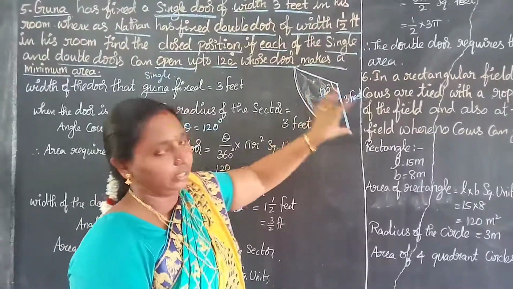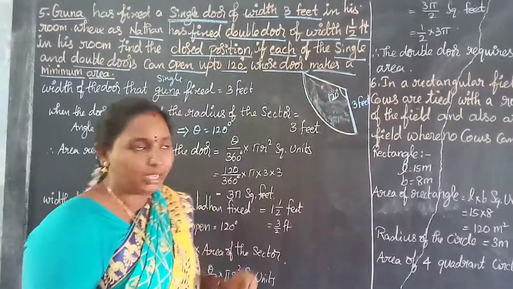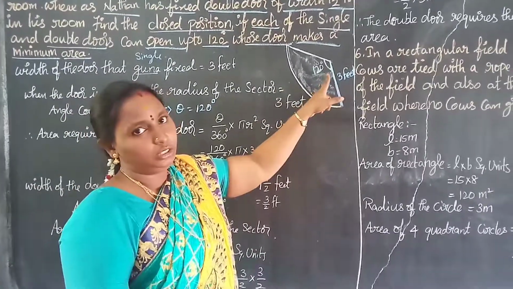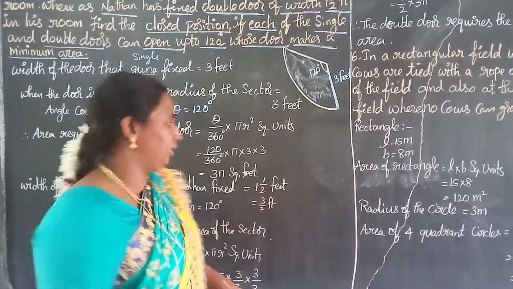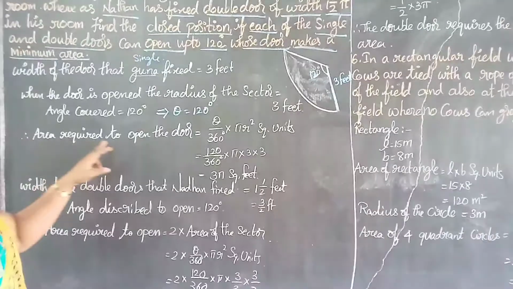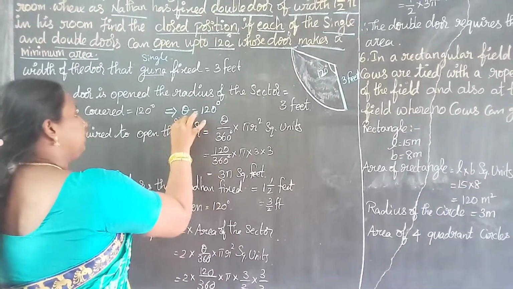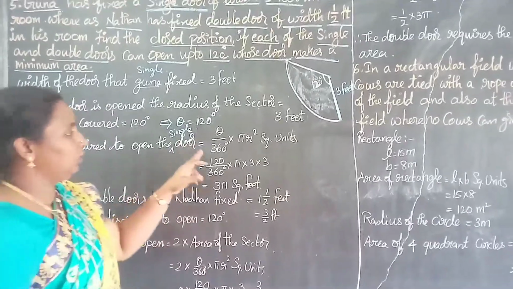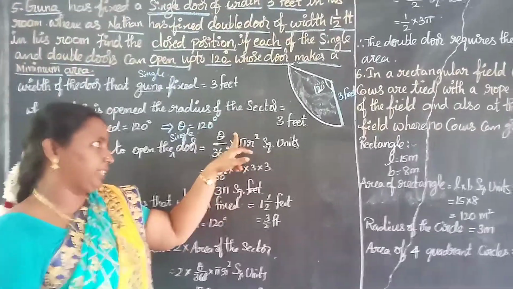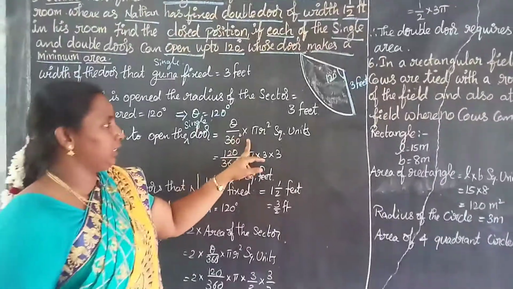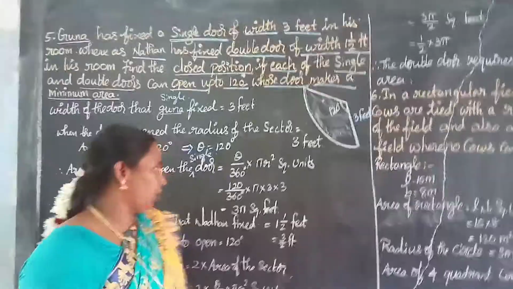So area of sector, what is the formula? Theta by 360 into pi r square square units. So this is the area required to open the single door. Am I right? Single door equals, write the area of sector formula, theta by 360 into pi r square square units.